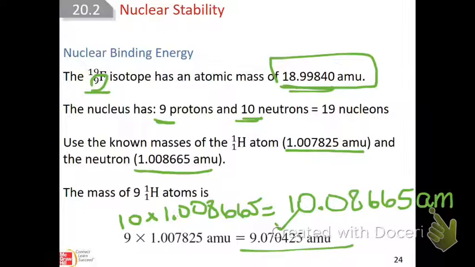If you add those two numbers together, that gives you what the mass of the nucleus should be. Let me get my calculator out.